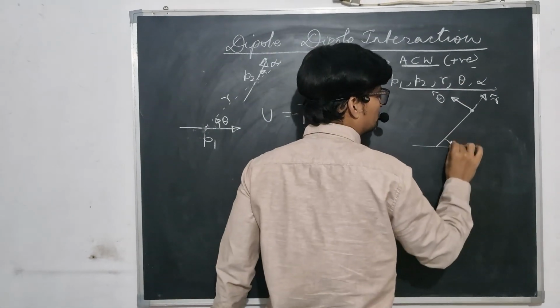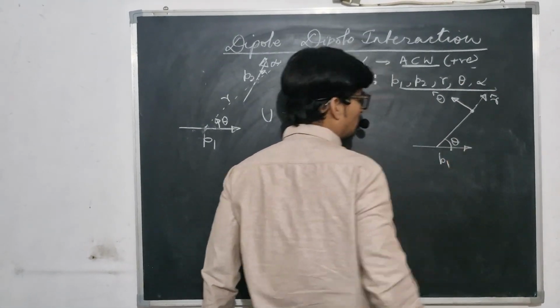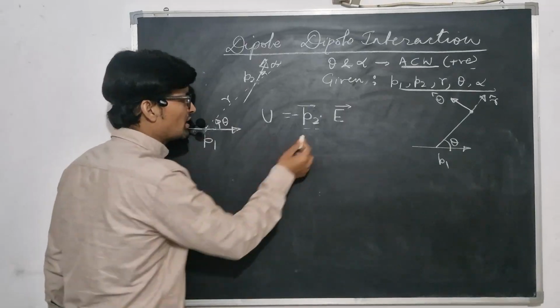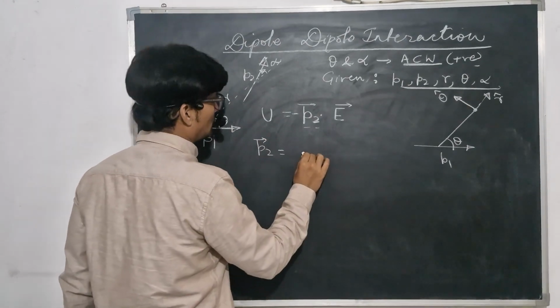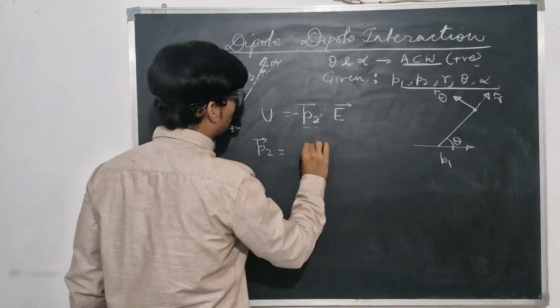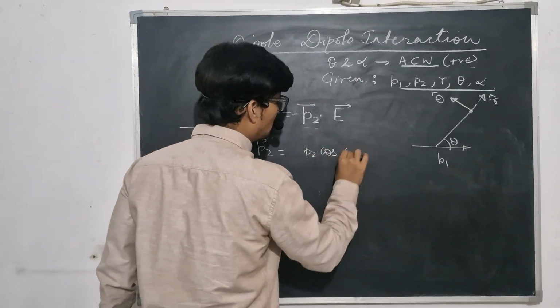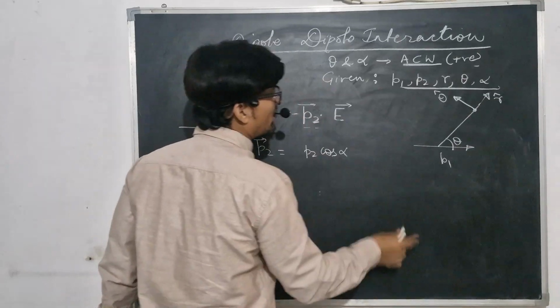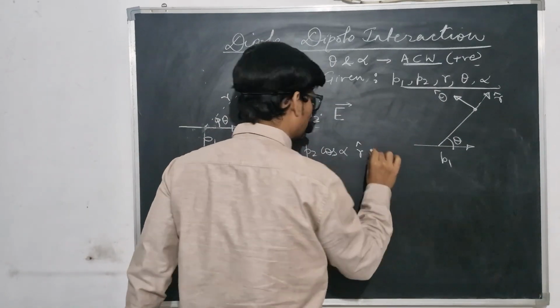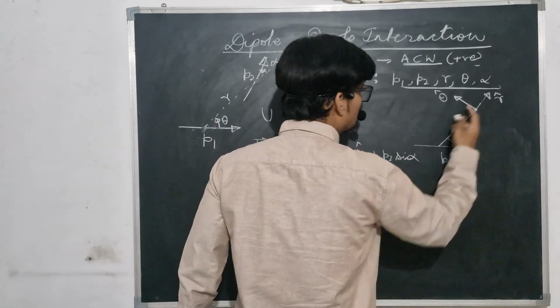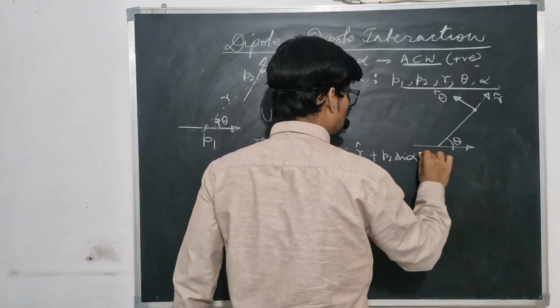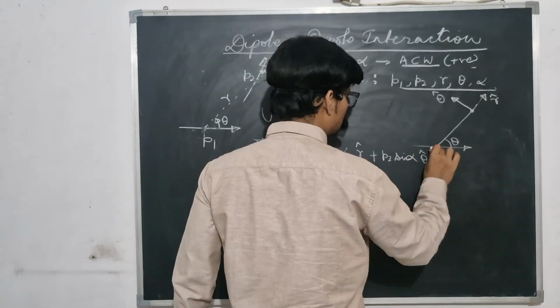Okay, and this is my theta at moment P1 like this. So naturally, P2 vector can be written as P2 cos alpha in the r cap direction, and similarly plus P2 sin alpha in the theta cap direction.